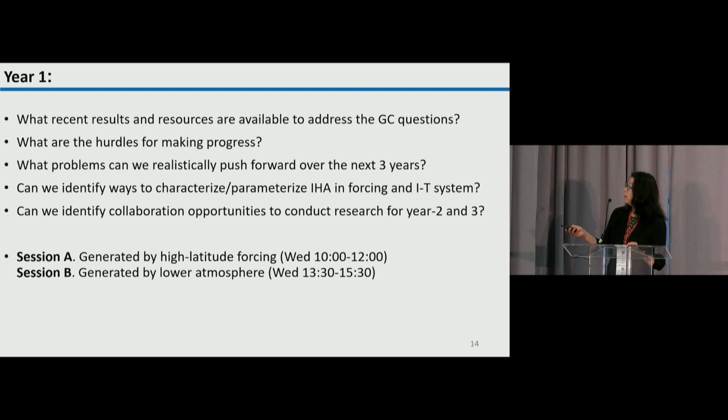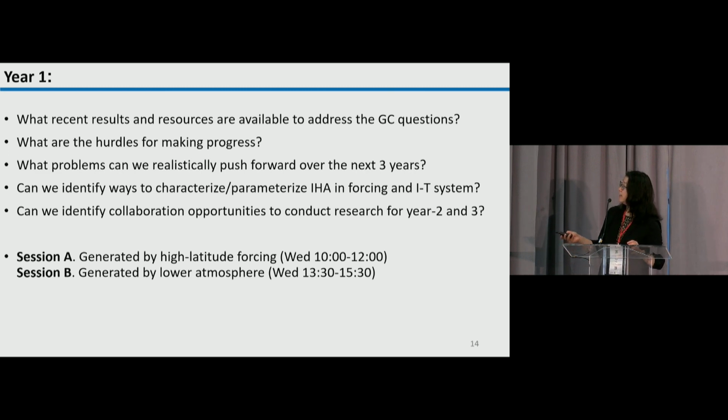And what are the hurdles for making progress? What problem can we realistically push forward over the next 3 years? We don't have an infinite amount of time. This is only a 3-year challenging session. Is there anything we can do in a short time frame, like 3 years?